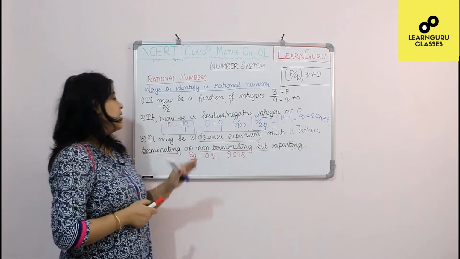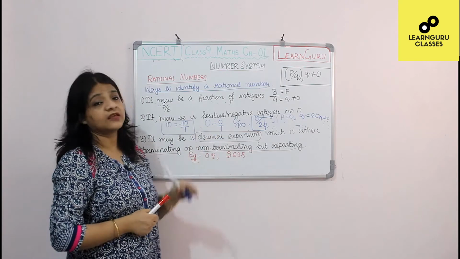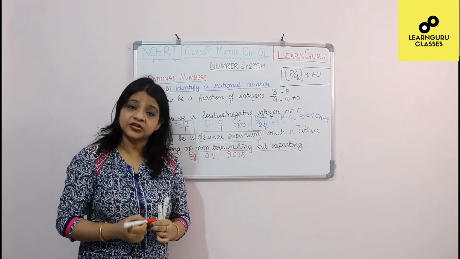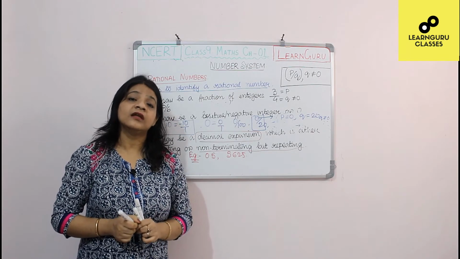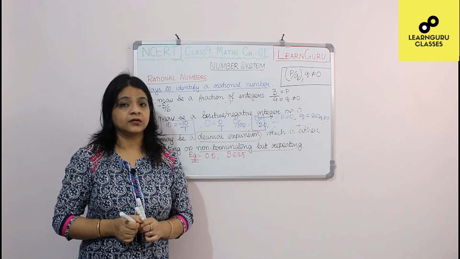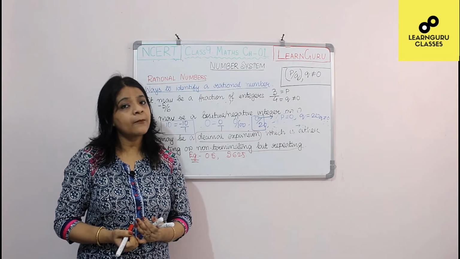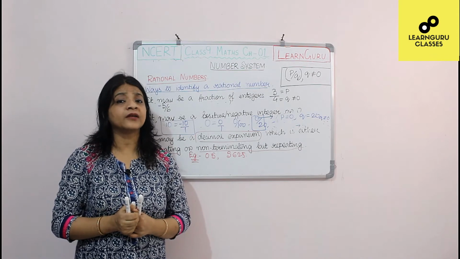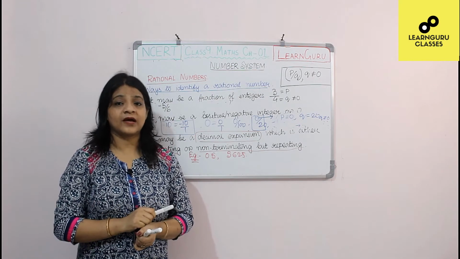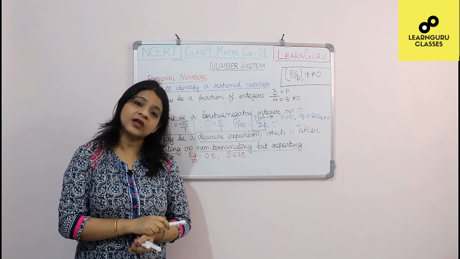Okay, so let me tell you students, decimal expansion, any fraction can be converted into its equivalent decimal expansion. Okay, fraction is a rational number. If a fraction can be converted into its equivalent decimal expansion, so that decimal expansion can also be called as a rational number.